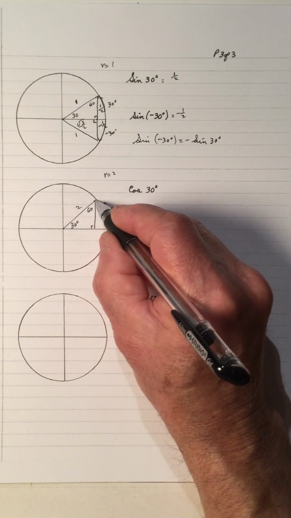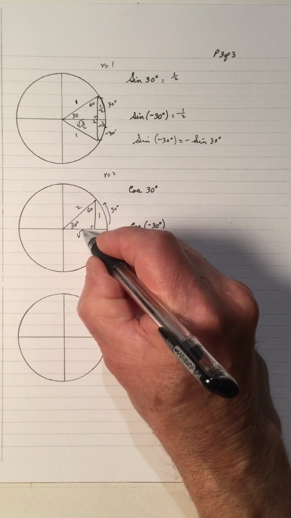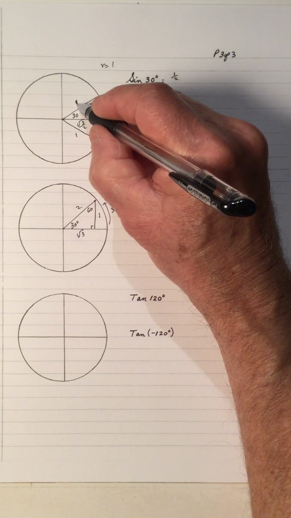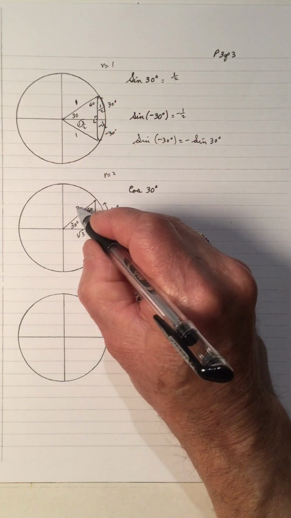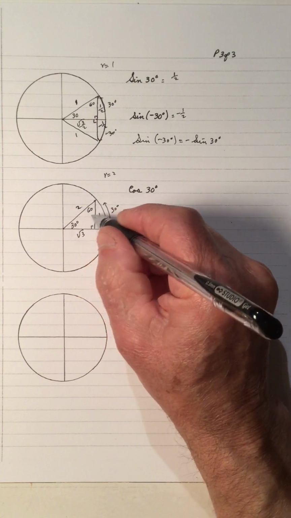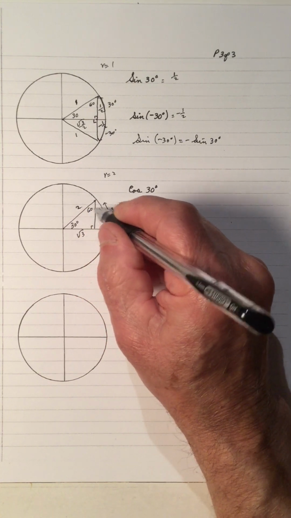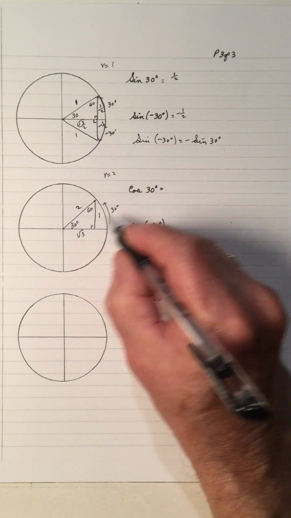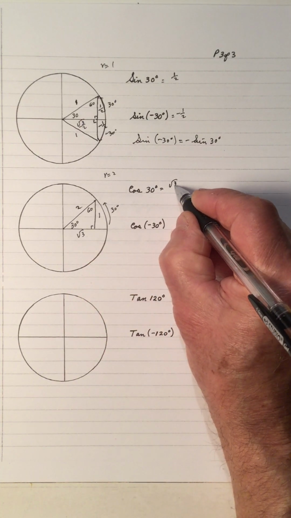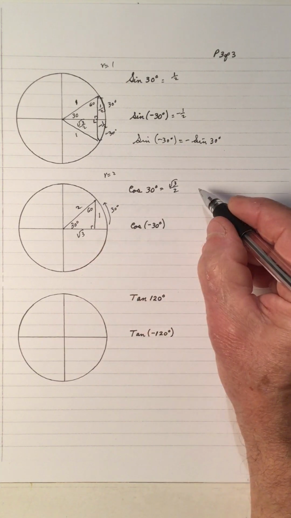Because this is 2, we have a 1 and a root 3. Notice I made this 1, so I could have a half and root 3 over 2, or I could have the hypotenuse 2, and the triangle would be 1, root 3, 2. So the cos of 30, cos is the adjacent, which is root 3 over the hypotenuse, which is 2.